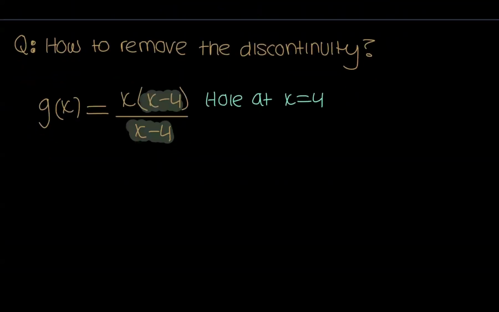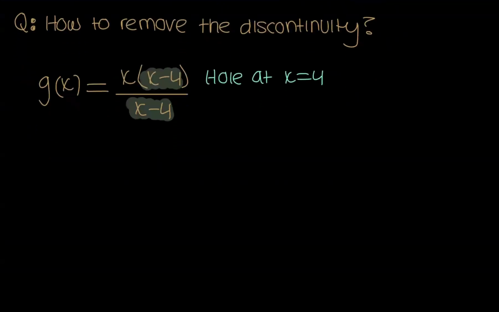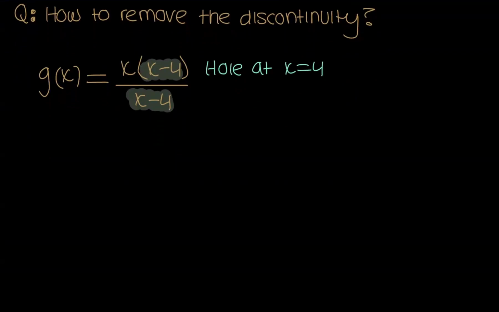But what we can do is say that the limit as x approaches 4, my hole, of g of x is equal to, what would this equal?